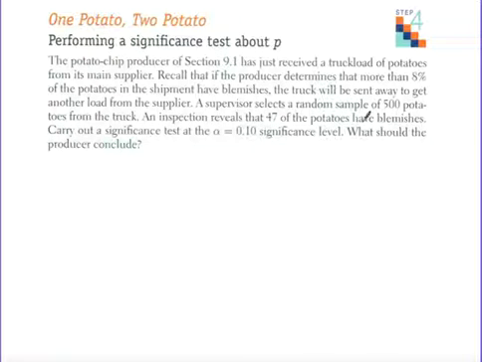A supervisor selects a random sample of 500 potatoes from the truck. An inspection reveals that 47 of the potatoes have blemishes. Carry out a significance test at the alpha equals 0.10 significance level. What should the producer conclude?